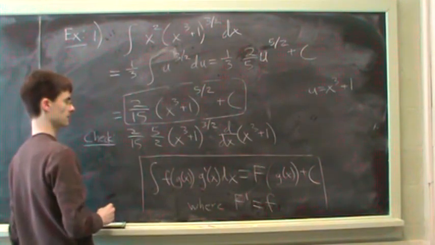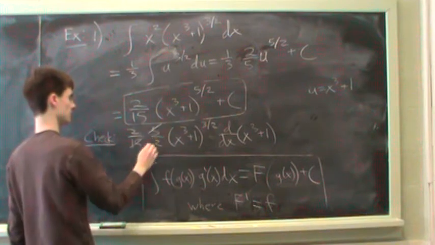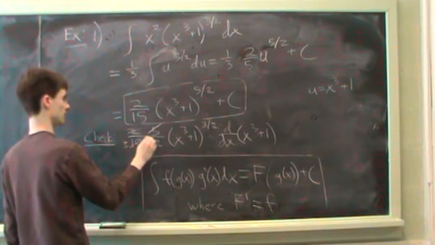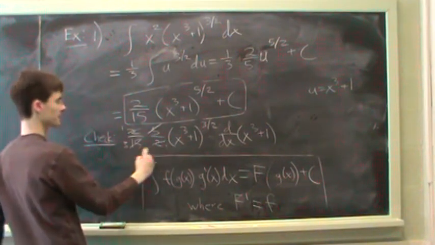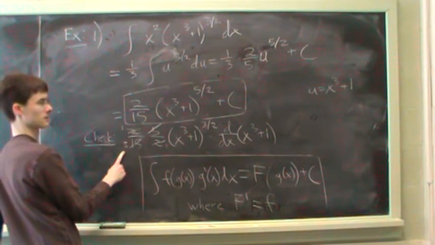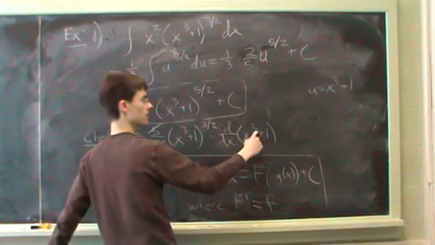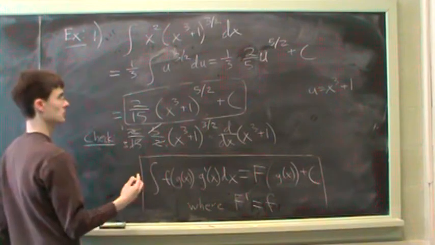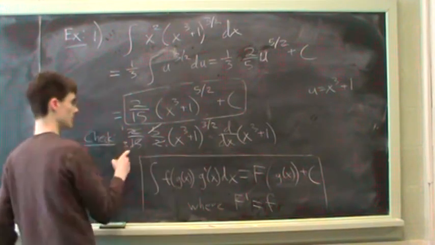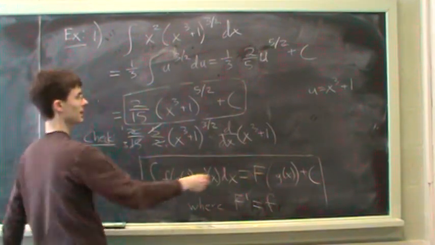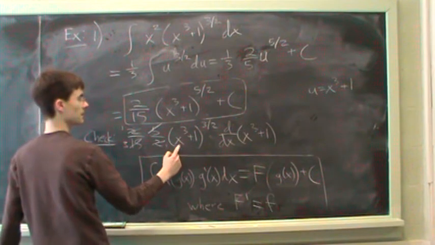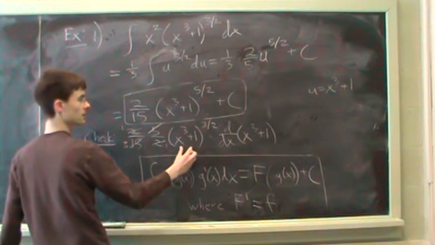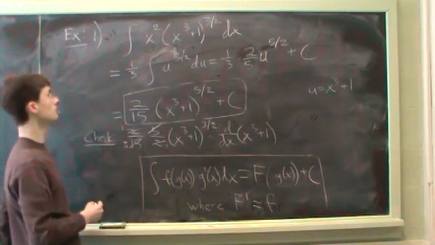And let's see, if we do some cancellations here, this coefficient is going to be 1/3, and this is going to be 3x squared. So the 3 and the 1/3 cancel, and I just get x squared times the quantity x cubed plus 1 raised to the 3/2.